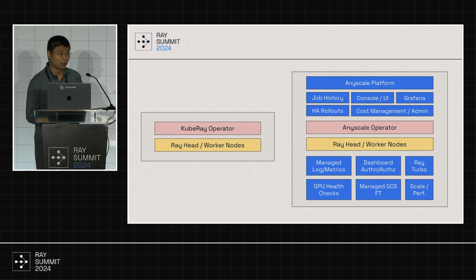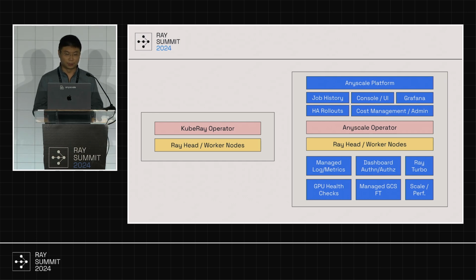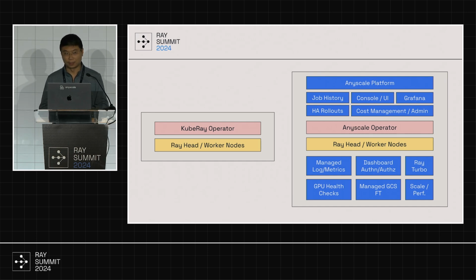It has all the proprietary features like persistent log history, Anyscale Service HA rollout, Anyscale console UI, SDK, and CLI. And it also has good observability, including Grafana at org level, cloud level, and workload level. You can do cost management, admin control, permission control, budget, usage, and everything.